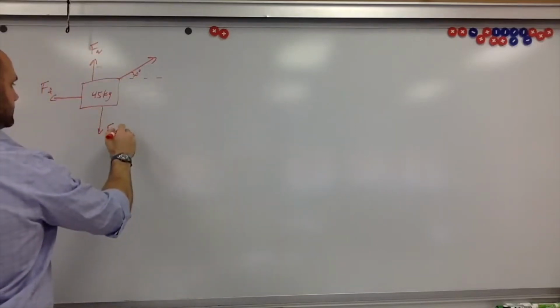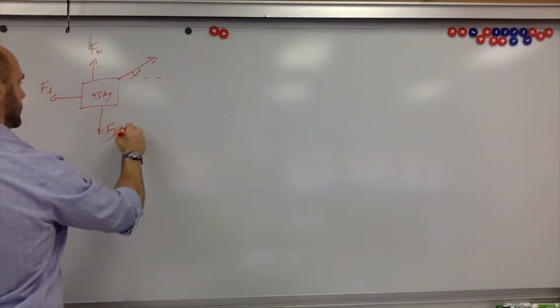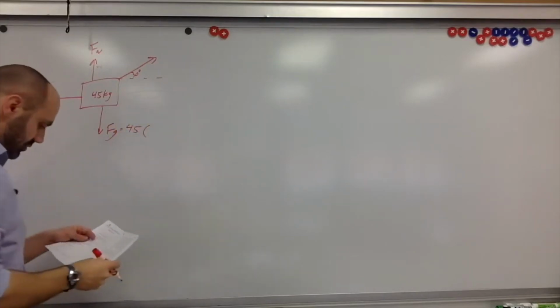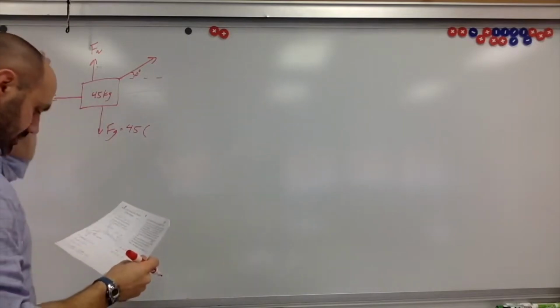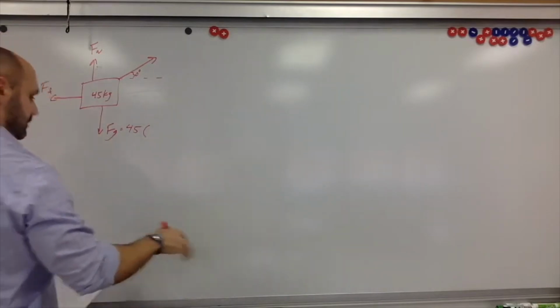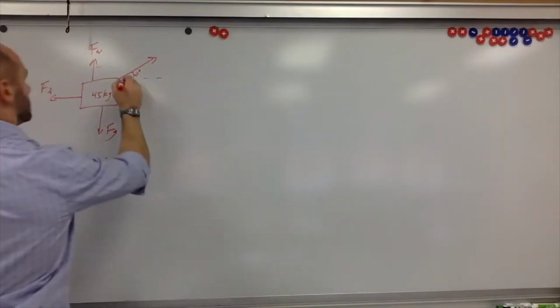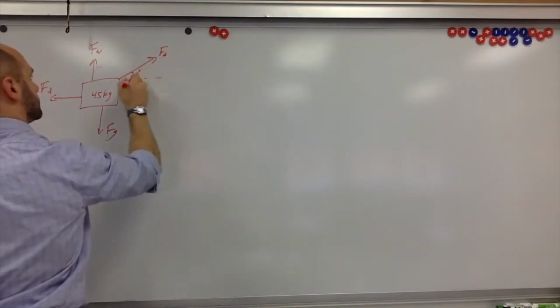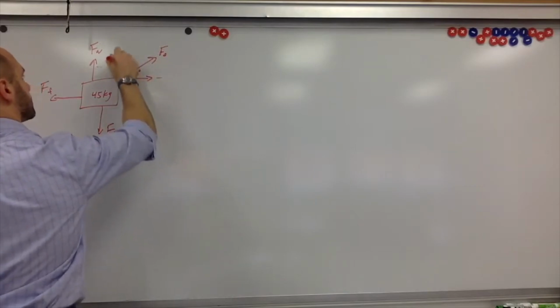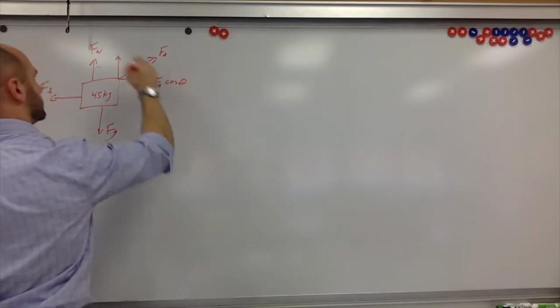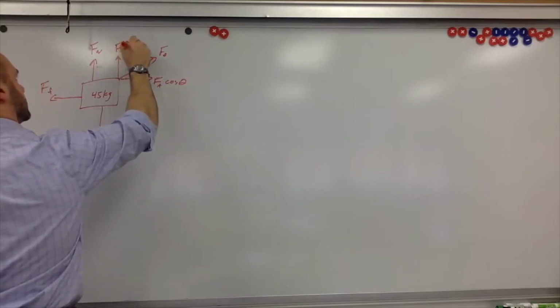So Fg is 45 times g. I used 9.8. Let's just say this is Fg, and this is Fa. So this is Fa cosine theta, and this is Fa sine theta.